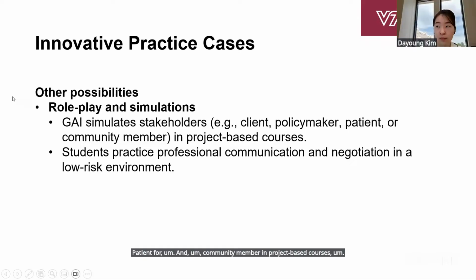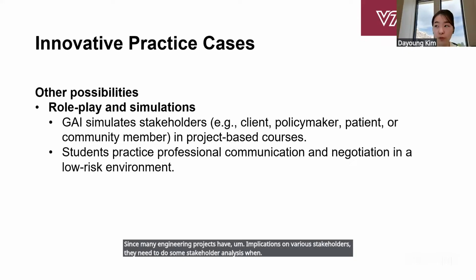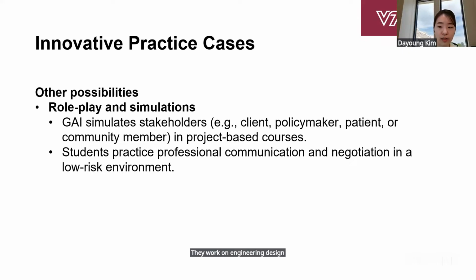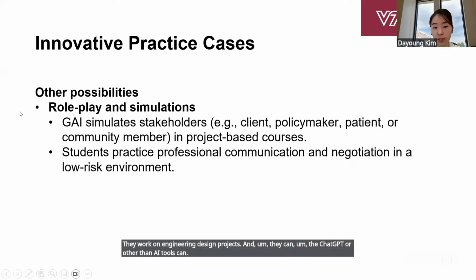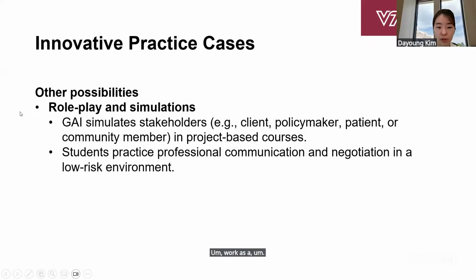Since many engineering projects have implications for various stakeholders, students need to do stakeholder analysis when they work on engineering design projects. ChatGPT or other Gen AI tools can work in a stakeholder role so that students can practice professional communication and negotiation in a low-risk environment.